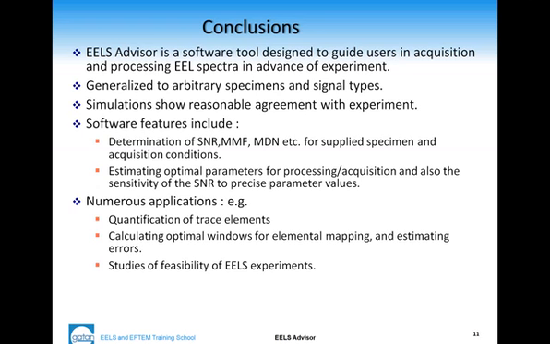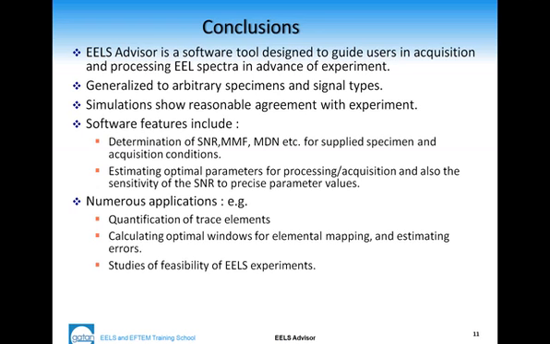The software features include the determination of the signal-to-noise ratio, minimum mass fraction, minimum detectable number of atoms for a supplied specimen and acquisition conditions. It also has tools for estimating the optimal parameters for processing and acquisition, and also the sensitivity of the signal-to-noise ratio to the precise parameter values.